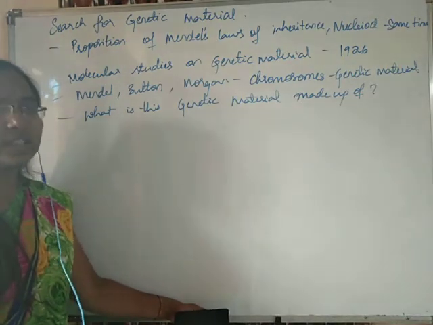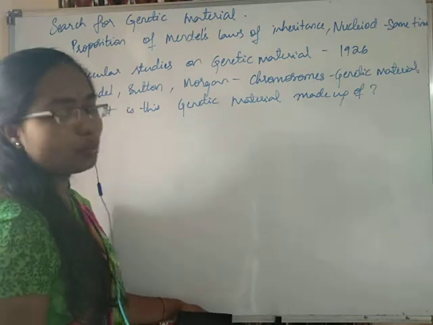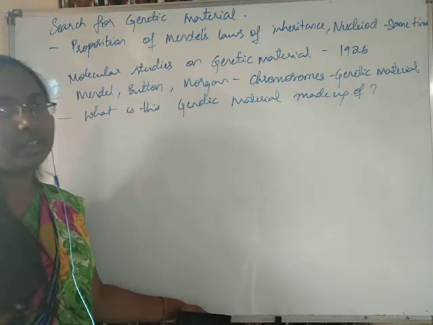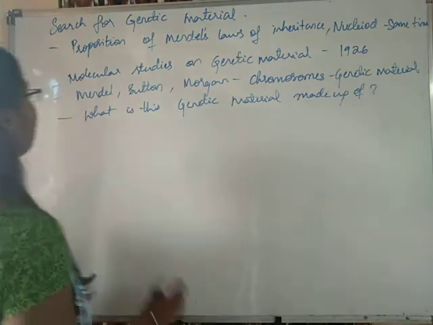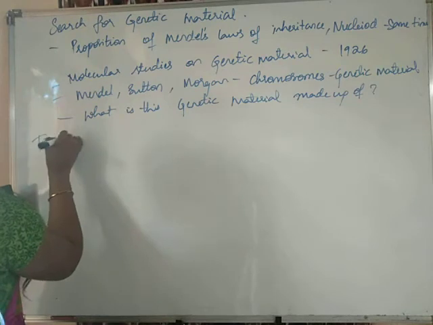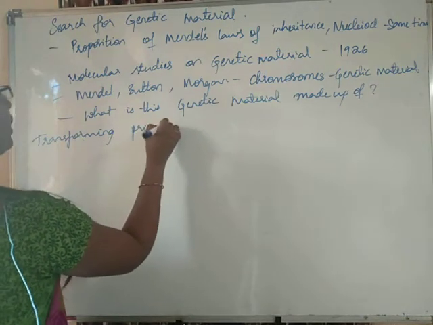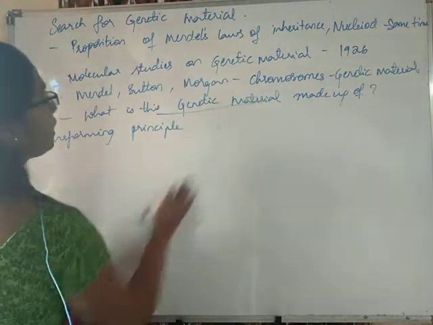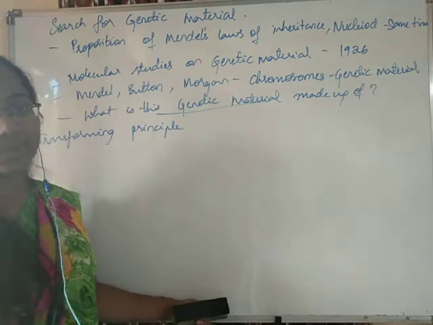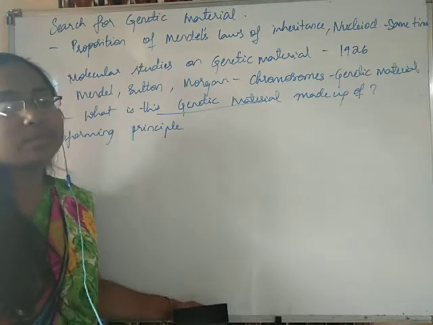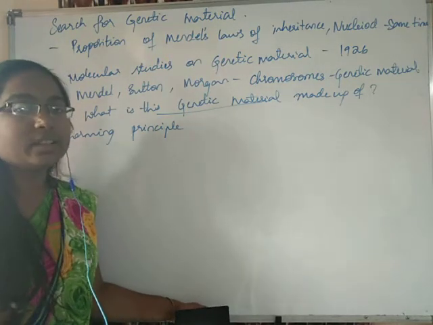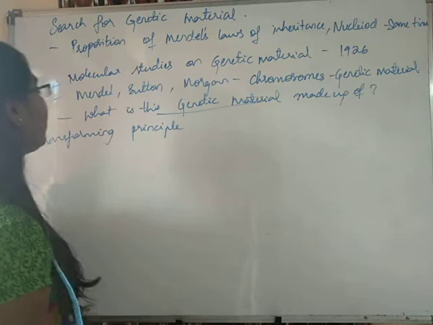To solve this, the first step towards understanding what the genetic material is was the transforming principle. We can understand how the genetic material was identified in steps, not at once by one person. It was observed by different persons in different ways. Let us learn more about it.